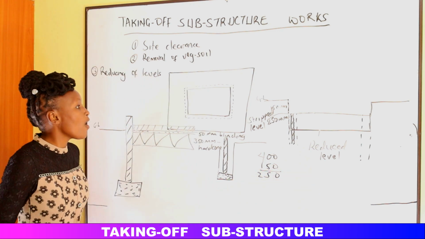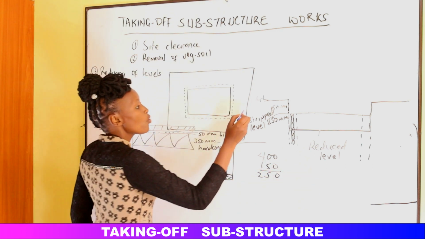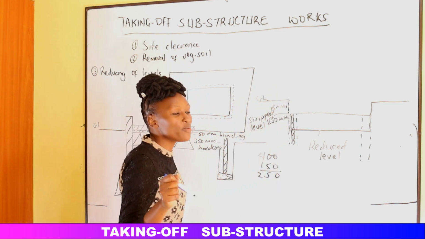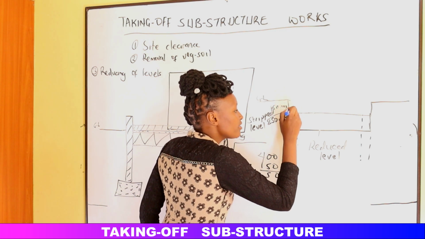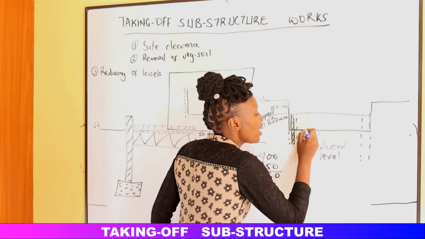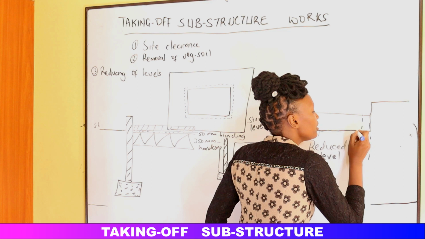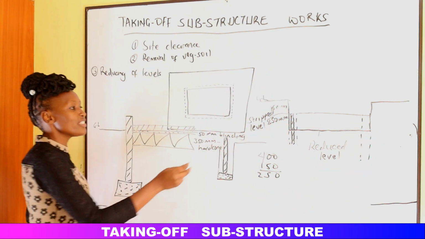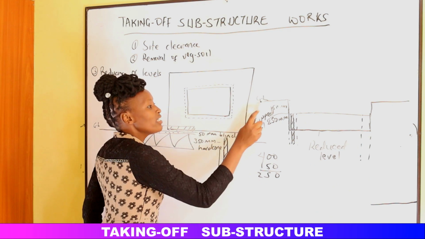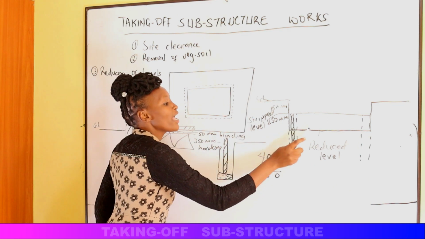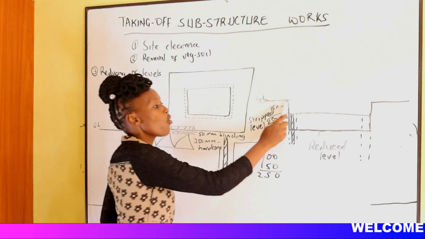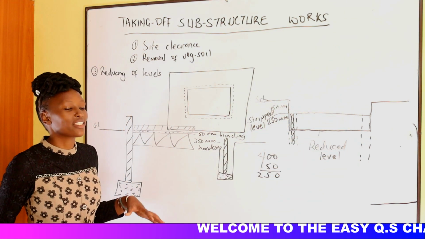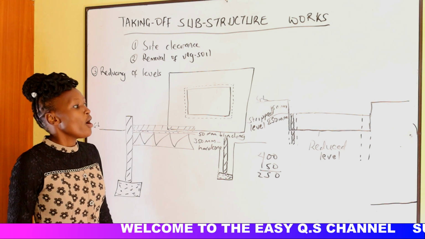Now, the whole site will be at the ground level, but where the building will be positioned will be at the reduced level. There'll be a difference in level, here and here. It will be like there is a hole. Alright? So from there, now we can excavate the trenches.